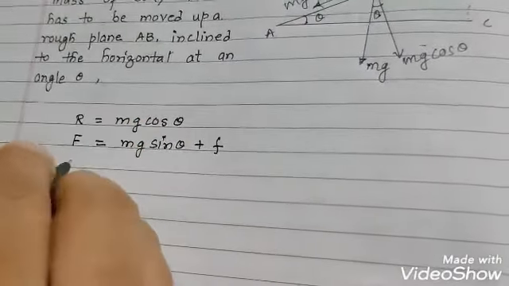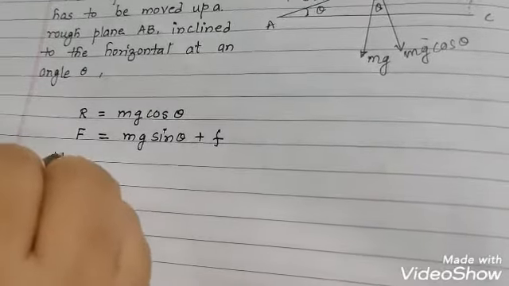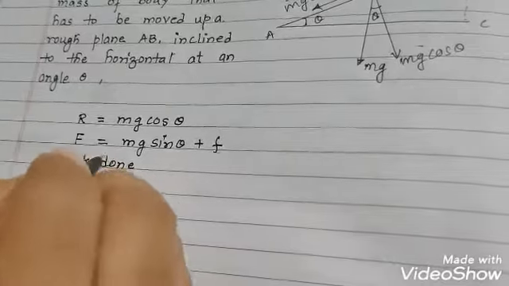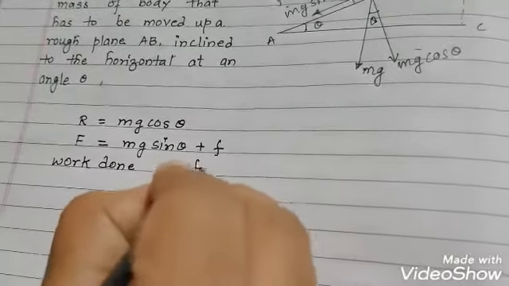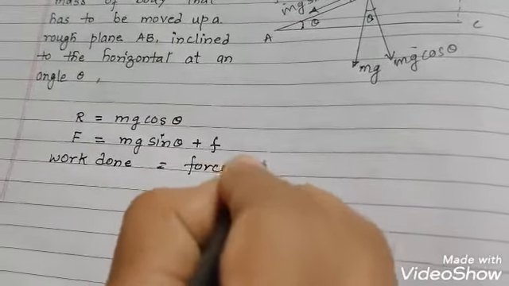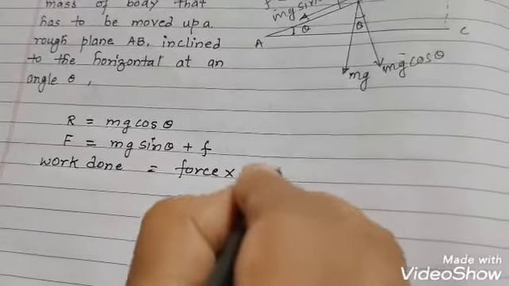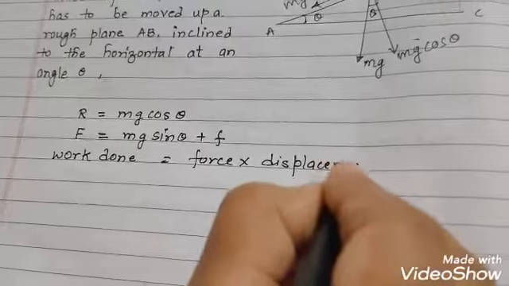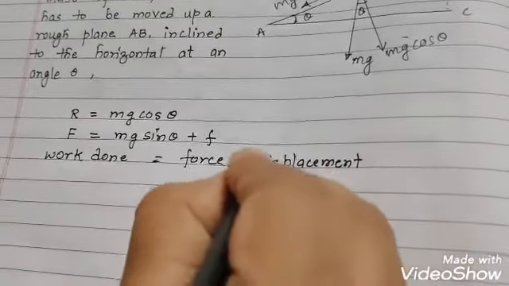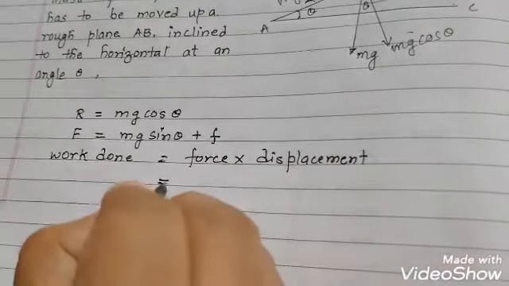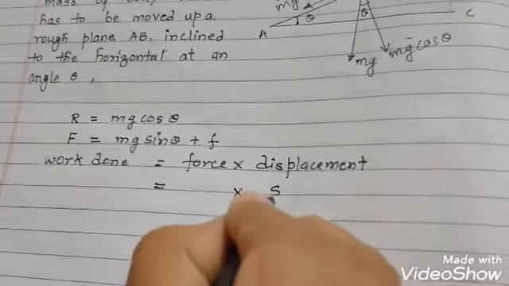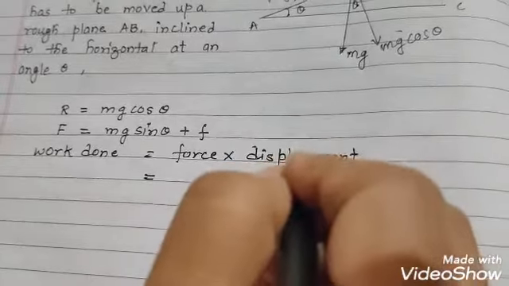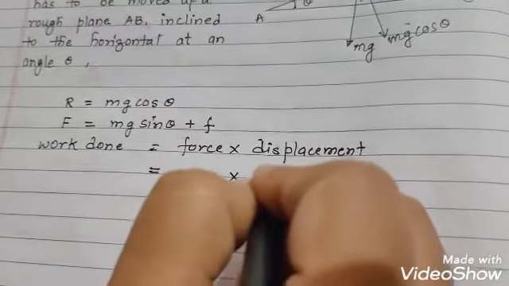Now we'll see here, since work done is equal to force into displacement, after applying force F, capital F, the object is moved up to S distance up a rough inclined plane.